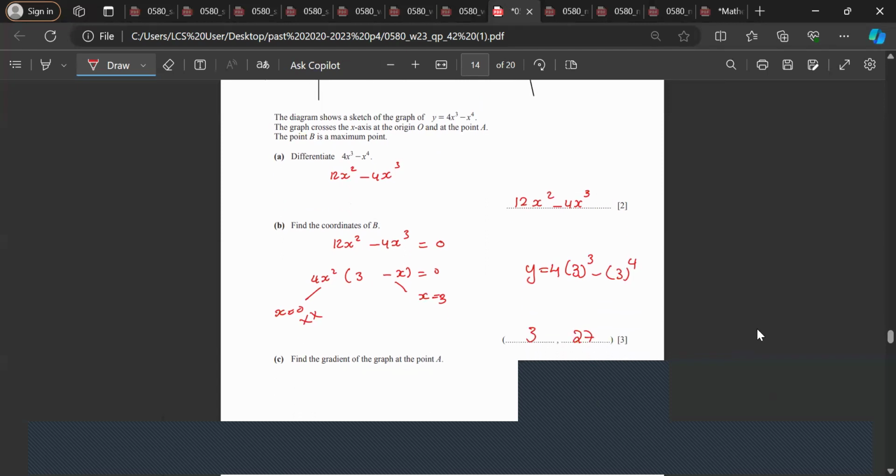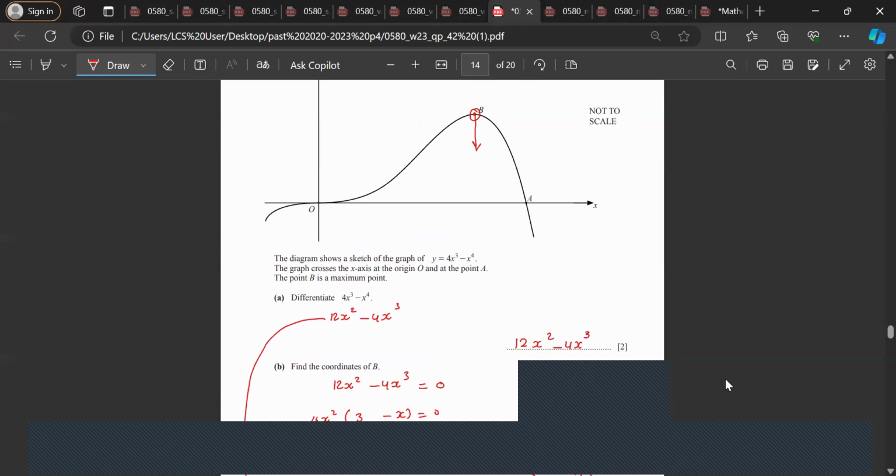Then find the gradient of the graph at point A. What is the meaning of find the gradient? I will substitute in 12x squared minus 4x power 3 at point A. Do you have point A here? It's not given. What do I know about point A to get it? He said that the graph crosses the x-axis at points O and A, so at these 2 points y equal 0.